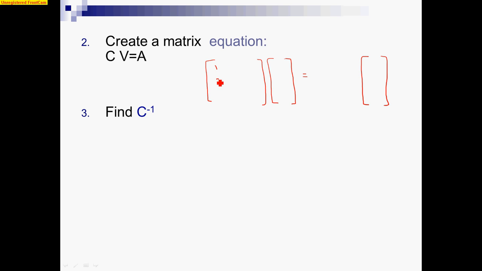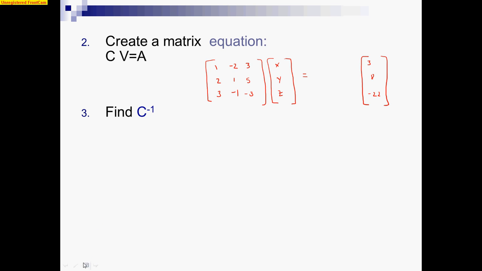What was it? 1, 2, 3, and -2, 1, and -1, and 3, 5, -3. And my answers were 3, 8, -22.